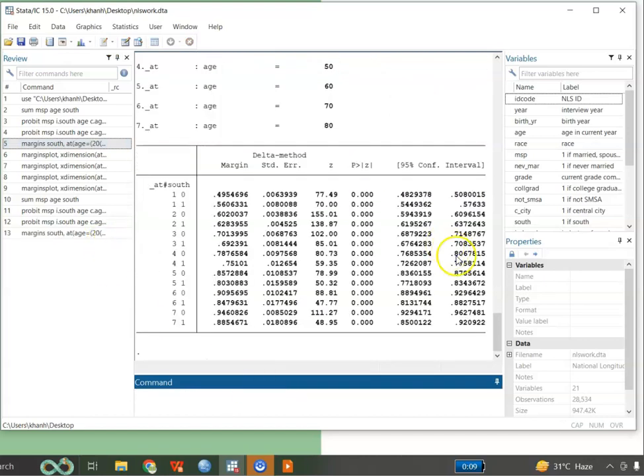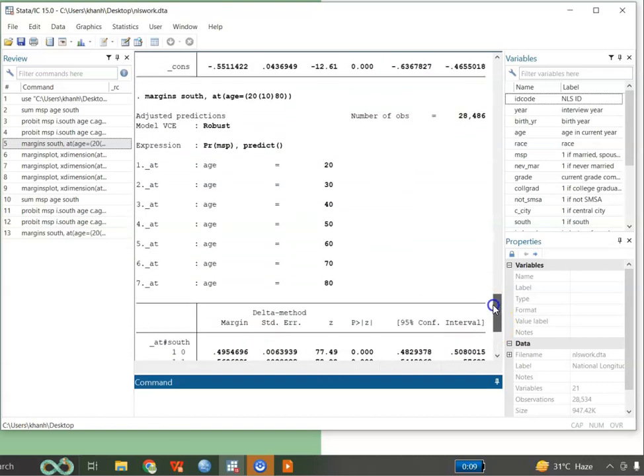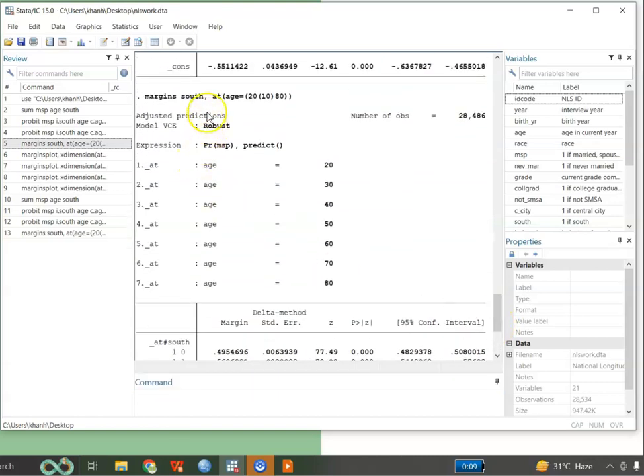So again, this is my command, and these are at age. So 1 is when a person is age 20, 2 is for age 30, 3 is for 31 to 40, 4 for 41 to 50, and finally 71 to 80.